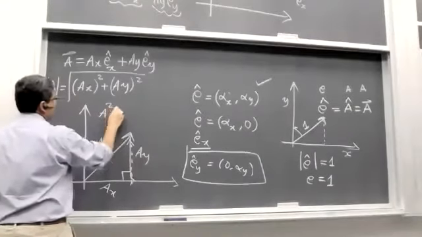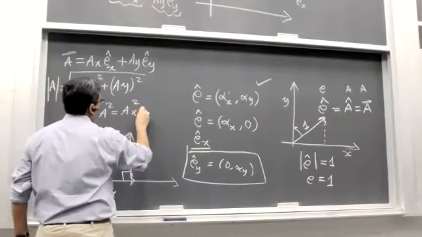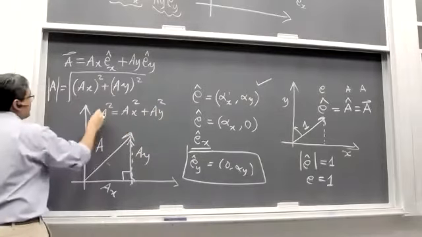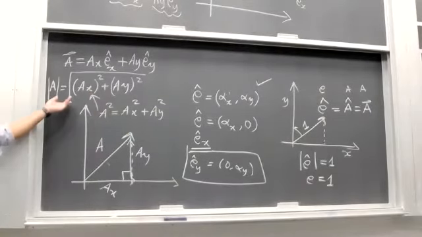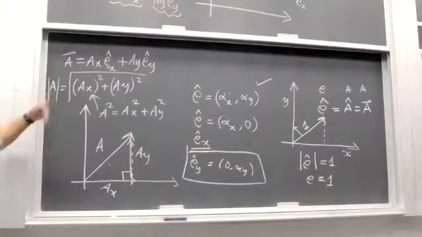Yes, thank you. A square is equal to ax squared plus ay squared, and Pythagoras takes us to this result. Okay, so if you are given the components of a vector, you can calculate its magnitude like this.